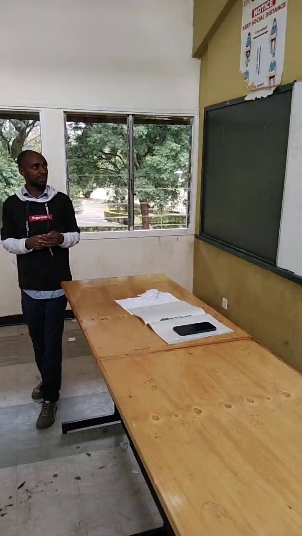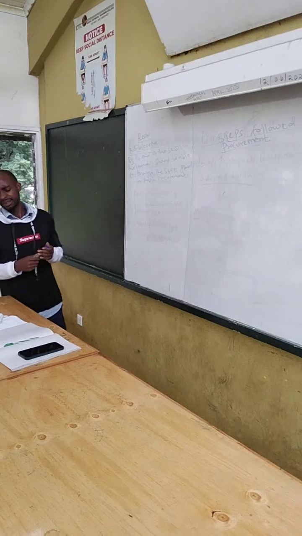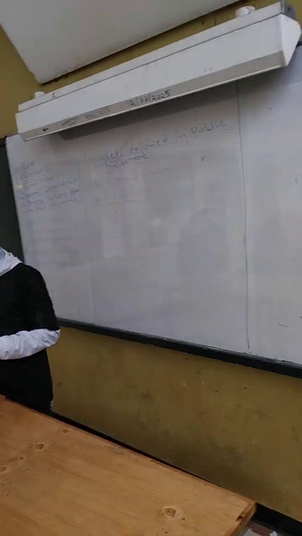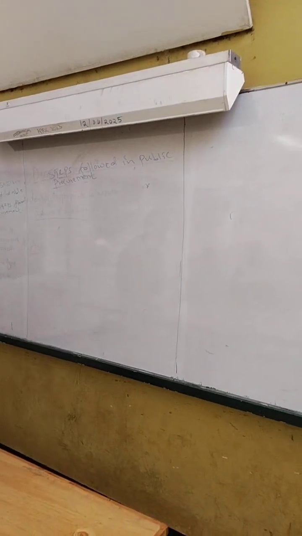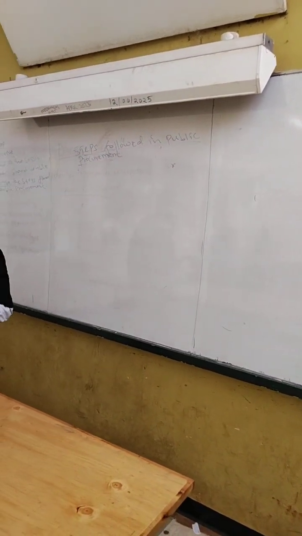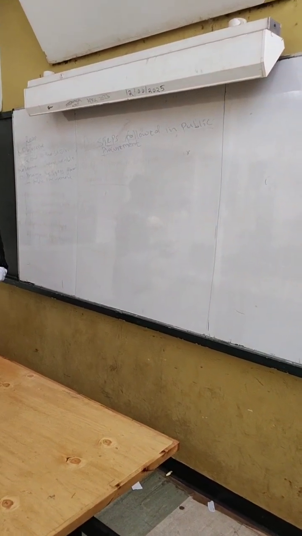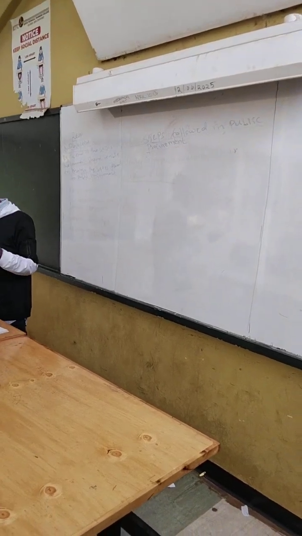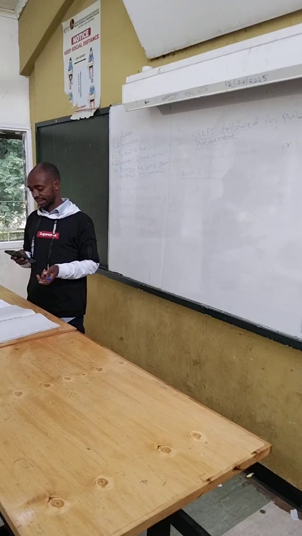Are we together? But for us to be on the safer side, I think we will cover all the 12 or 13. But you can summarize them into 9.